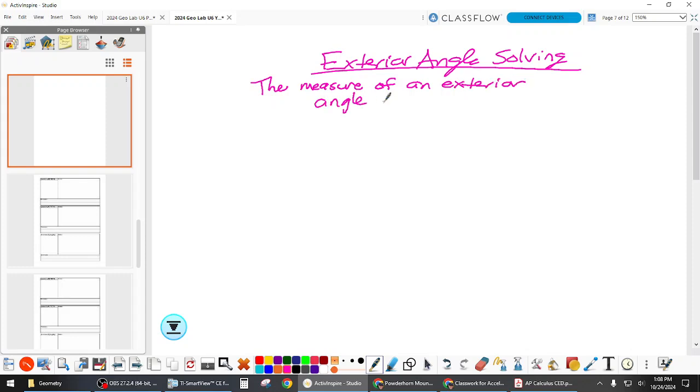So the measure of an exterior angle of a polygon is 30 degrees. How many sides? So it doesn't tell us what kind of polygon it is. That's our job to figure it out.